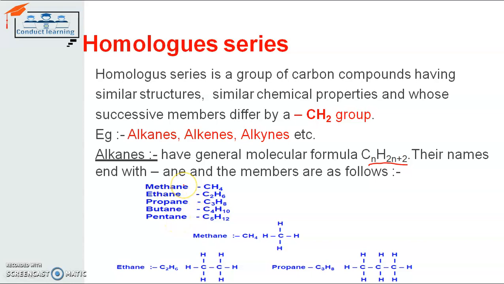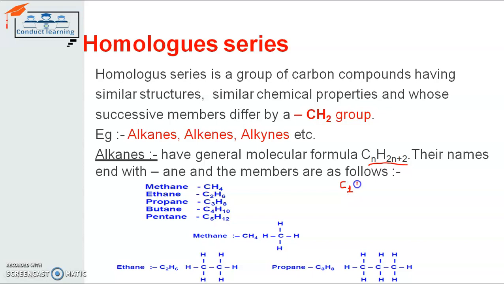So methane contains a single carbon atom. So here the number of carbon atoms for methane is 1. That means the n value in methane for carbon is 1. So accordingly we will write C1 here because the number of carbon atoms in methane is 1.